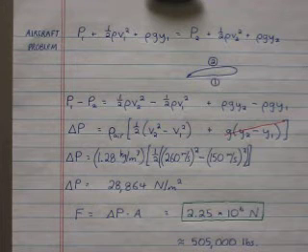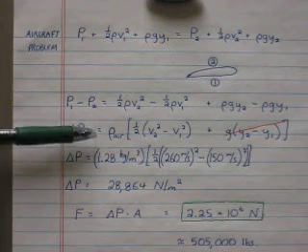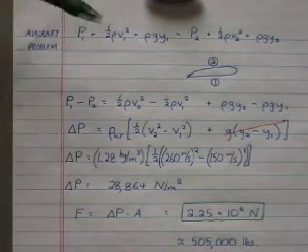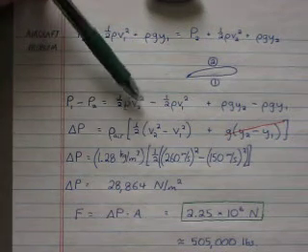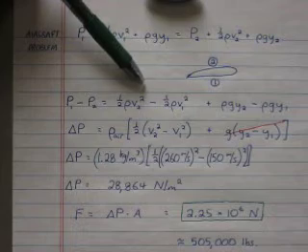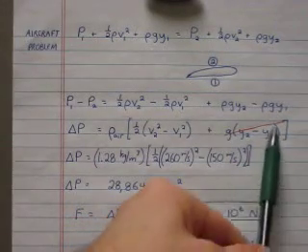In the next line I simplify. I can factor out the density of the air times 1/2, and I factored out the 1/2 from these two terms, V2 squared minus V1 squared. Plus, this term I just made go away.